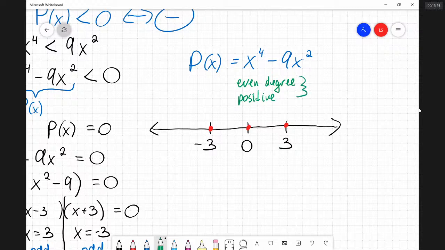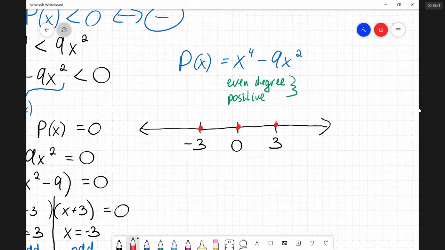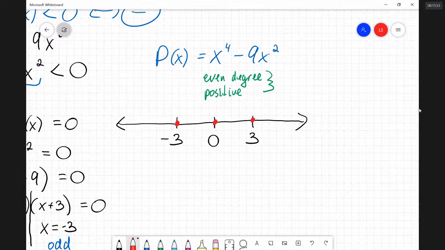What does that tell me about my end behavior? Do you guys remember? How would it behave on both ends? As we go to positive and negative infinity, what would my end behavior be for this polynomial? Y approaches infinity. Yeah, my end behavior would be that, right?